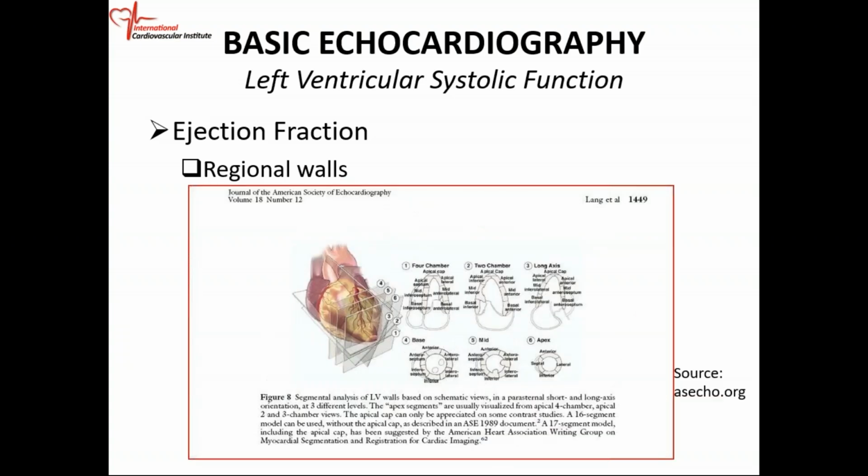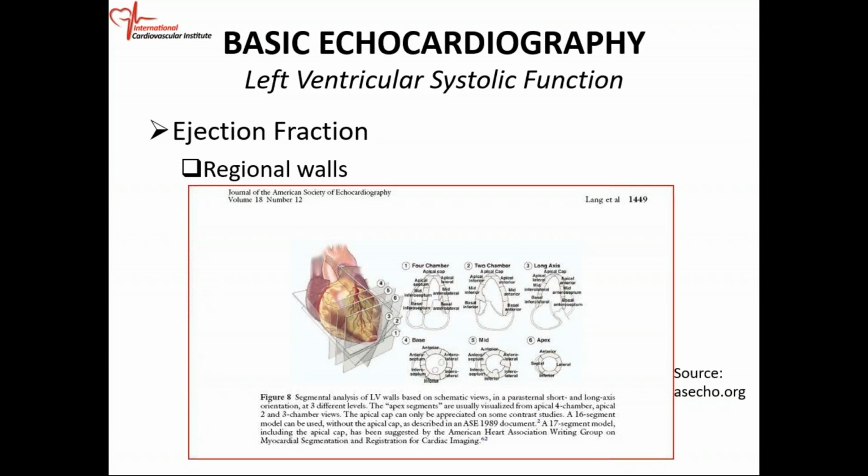So now we're going to introduce the concept of regional walls or segments. We divide the heart into segments, and the reason for doing that is because the different segments are supplied by different blood vessels.